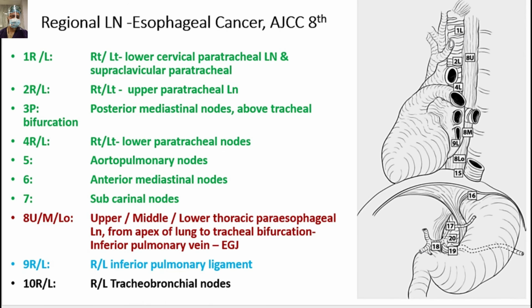8 is divided into upper, mid and lower thoracic paraesophageal lymph nodes: upper from the apex of the lung to the tracheal bifurcation, middle from the tracheal bifurcation to the inferior pulmonary vein, and lower from the inferior pulmonary vein to the esophagogastric junction.